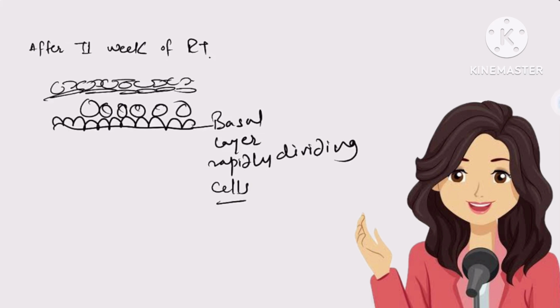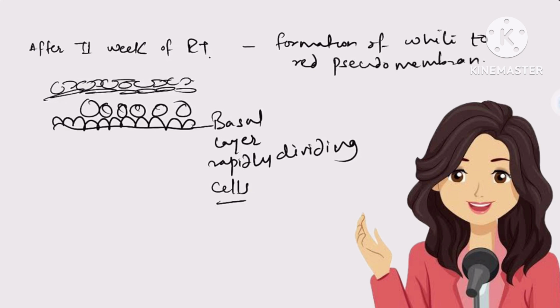And after the second week of radiotherapy, these basal cells are affected, and there is formation of a white to yellow pseudomembrane. There will be areas of redness and inflammation that you see.